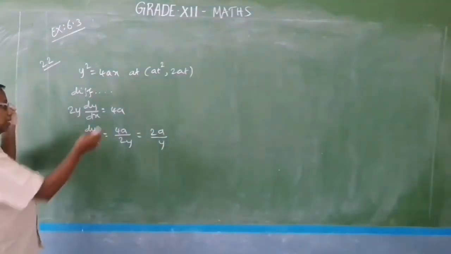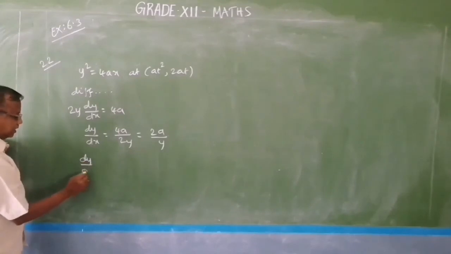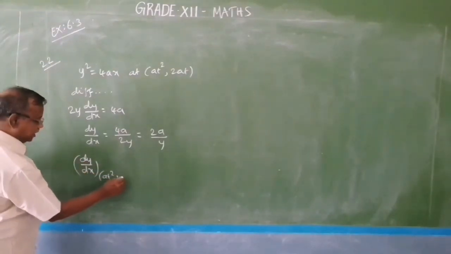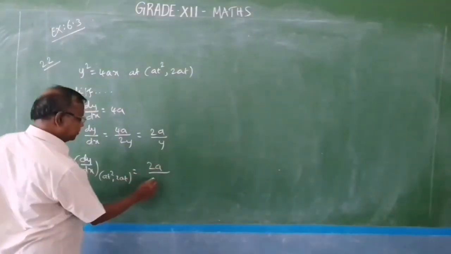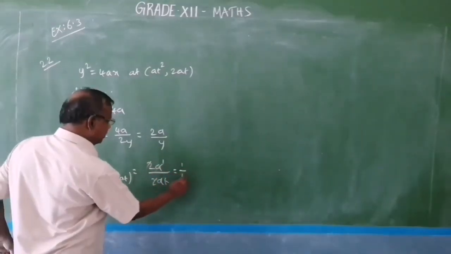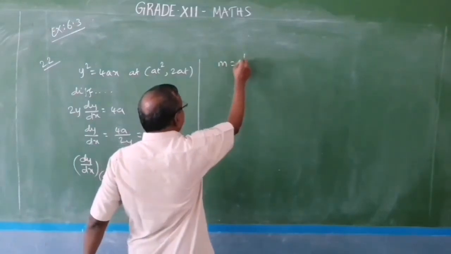Now we have given the point. Now dy/dx at the point (at^2, 2at), we have 2a divided by 2at, 2a and a cancel, that is equal to 1 by t. Now m equal to 1 by t.